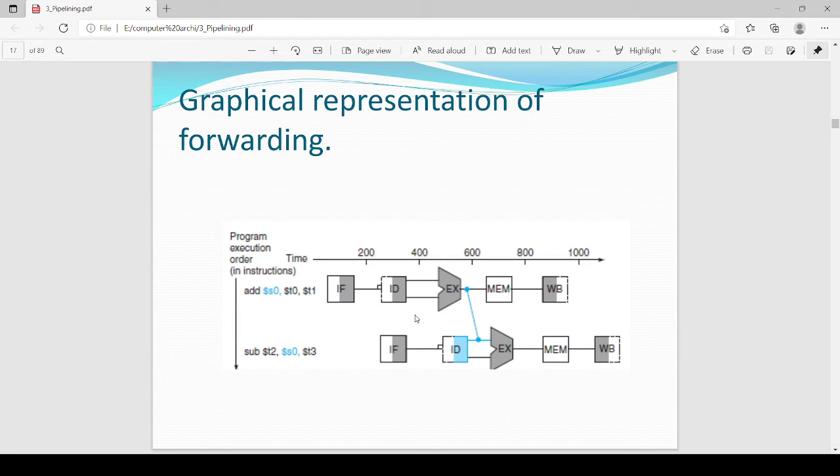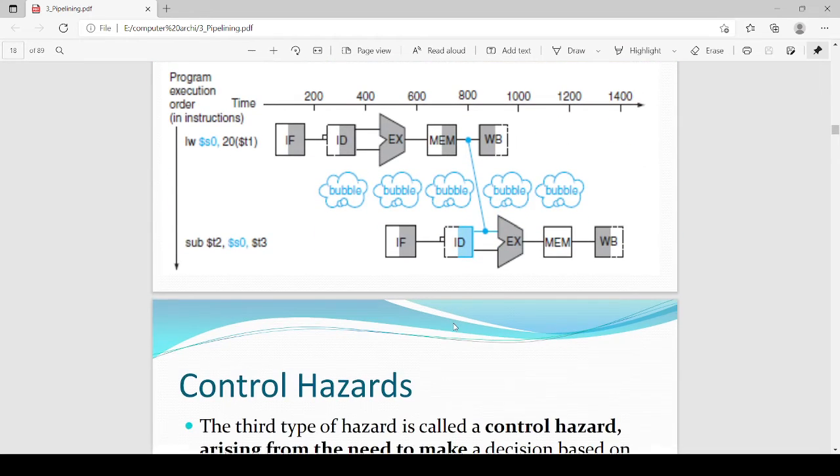To avoid data hazards, two techniques are used. One is the forwarding technique. Forwarding means the result is not stored in the memory first; after the execution, the result is directly forwarded to the execution unit. This is called forwarding. Otherwise, stalls or bubbles are inserted to avoid data hazards.